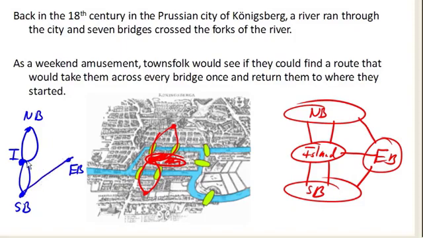And so here is a simplified graph that represents this scenario. By looking at this graph, it's a little easier to look at the question of, is it possible to walk over every bridge? In this case, that would mean crossing over every edge once, and returning to your starting location. In other words, return to your starting vertex.